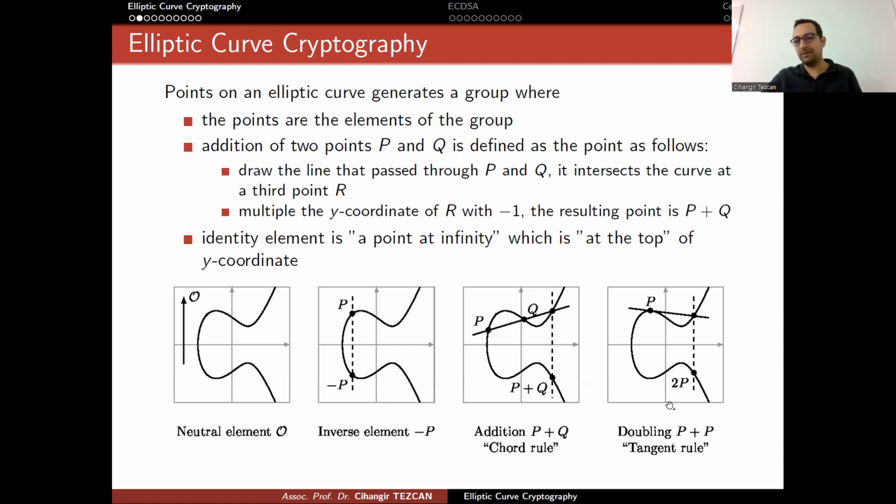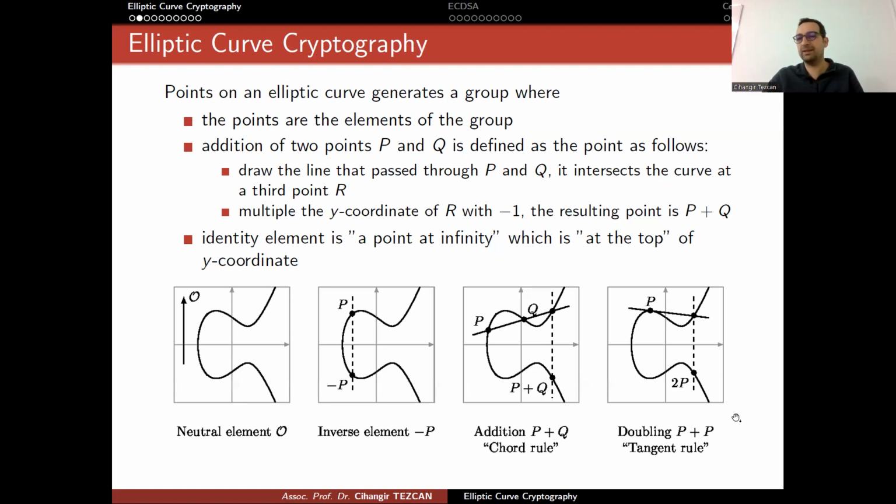But don't forget that in 2 times P, the multiplication is not a real multiplication, okay? This is a scalar multiplication, and this is important, because sometimes people talk about elliptic curve point multiplication. This is not a multiplication, this is addition.